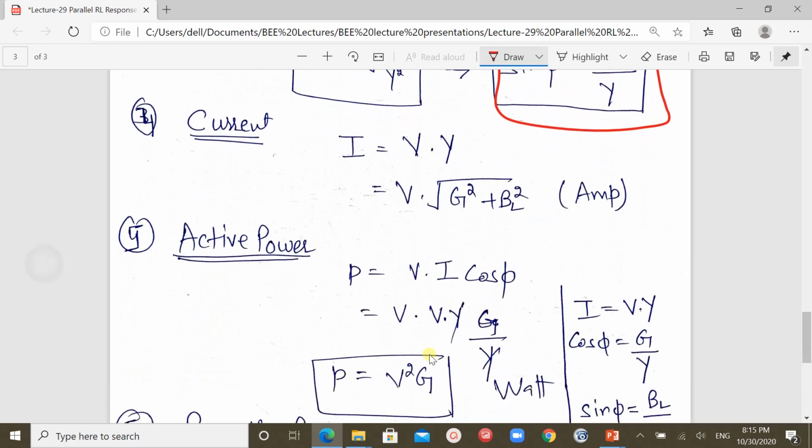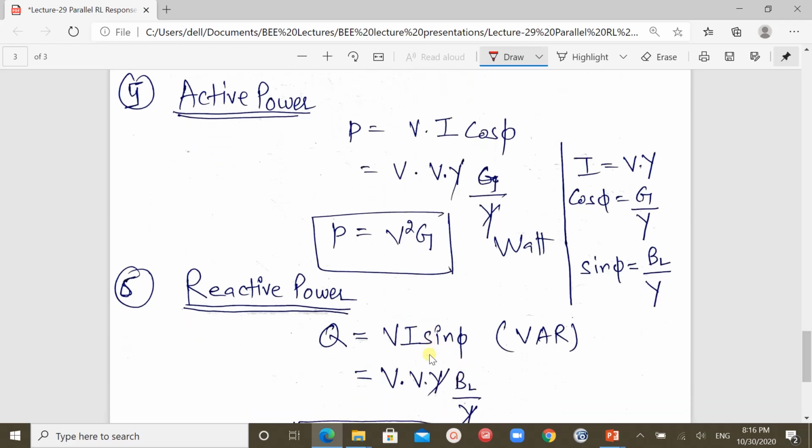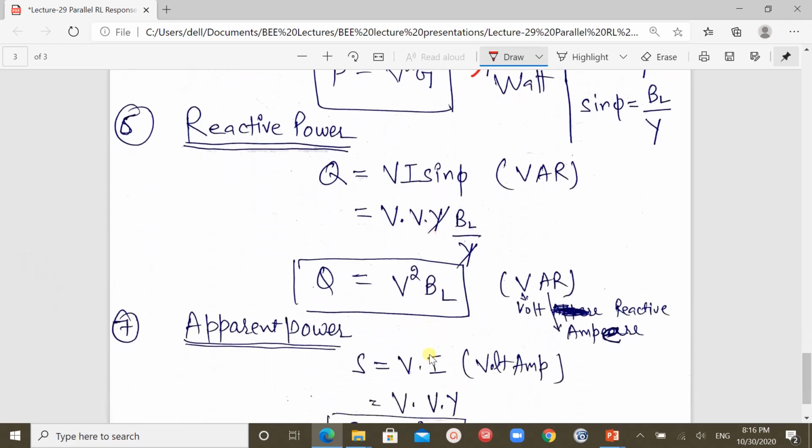Then current I is equal to V into Y. We put the value of Y, it is the square root of G square plus BL square. And then active power, we know active power P is equal to VI cos phi. We put the value of I, which is V into Y. Cos phi is G by Y. Y cuts down, and we are left with V square into G watt. Then reactive power Q is equal to VI sin phi, and the unit is VAR.